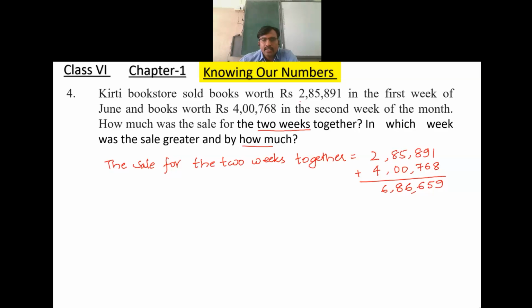Now observe both these costs. 2,85,000 is slightly smaller compared to 4 lakh. So in the month of June second week, there is a greater sale. The greater sale is in second week of June.